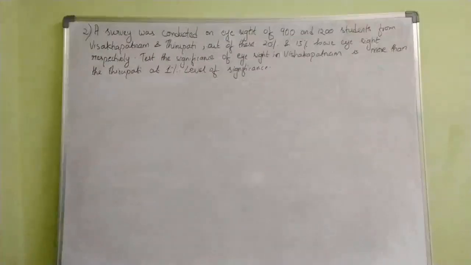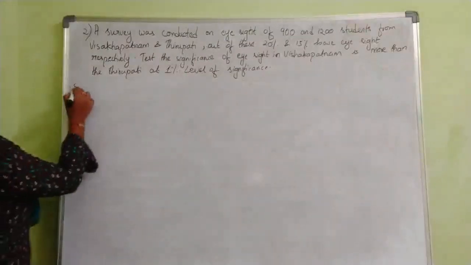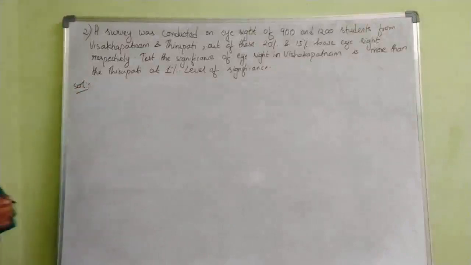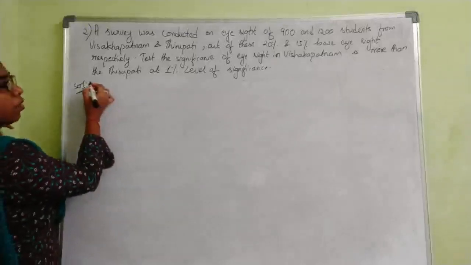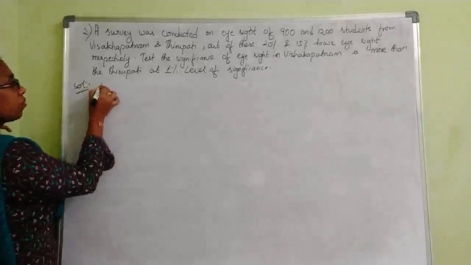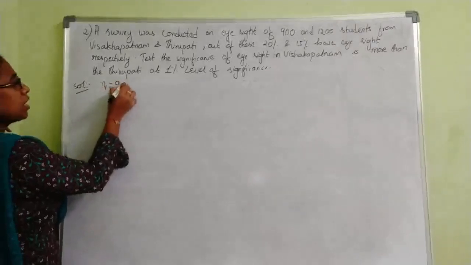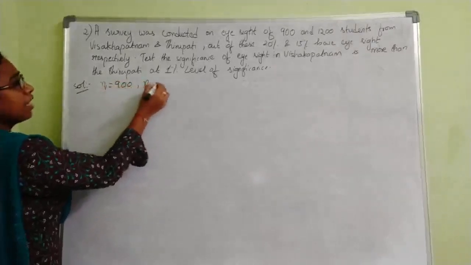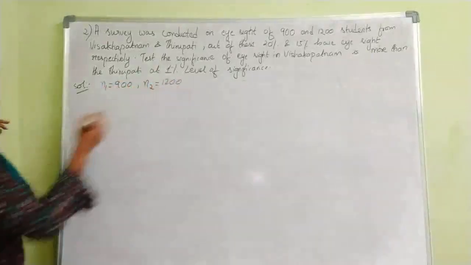What is the level of significance given? Level of significance given as 1%. Now write down the given. So here N1 equals 900, N2 equals 1200.